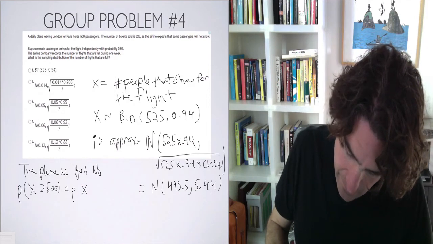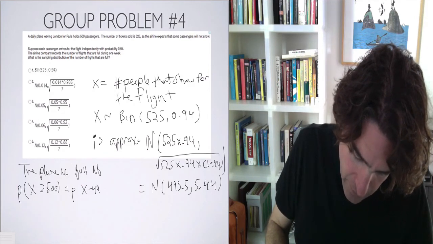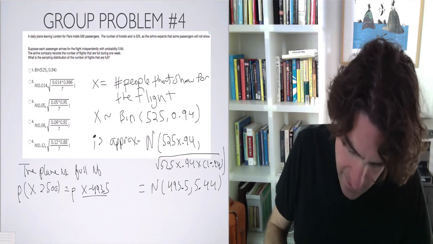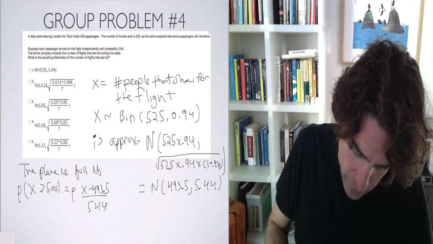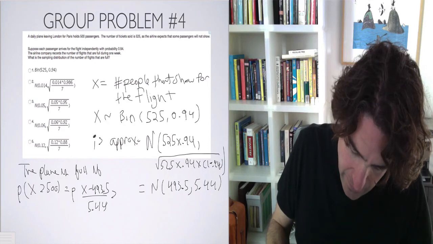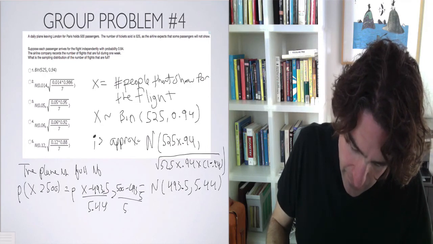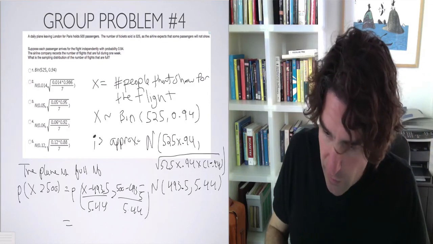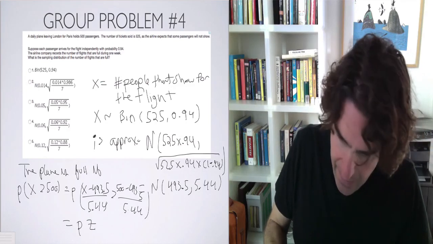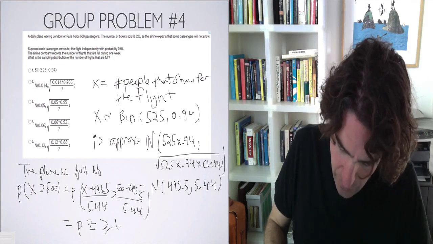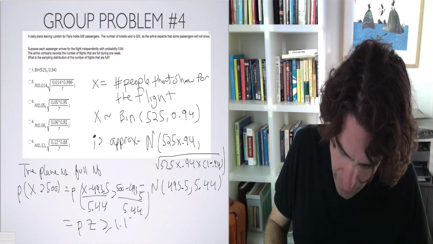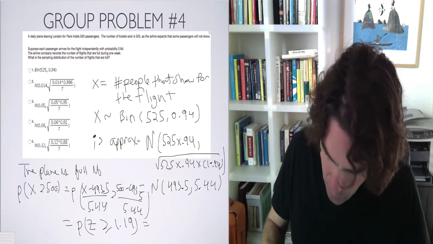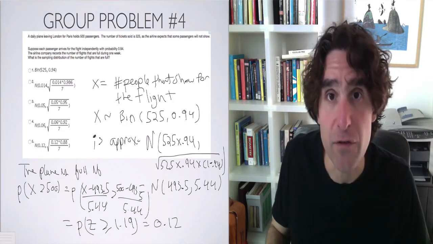So (X minus 493.5) divided by the standard deviation, 5.44, greater than (500 minus 493.5) divided by 5.44, which is equal to the probability that Z is greater than or equal to 1.19, which is equal to 0.12.